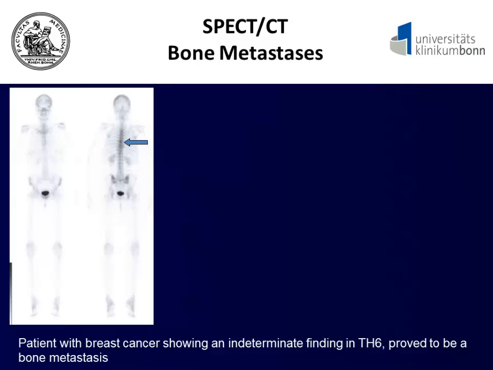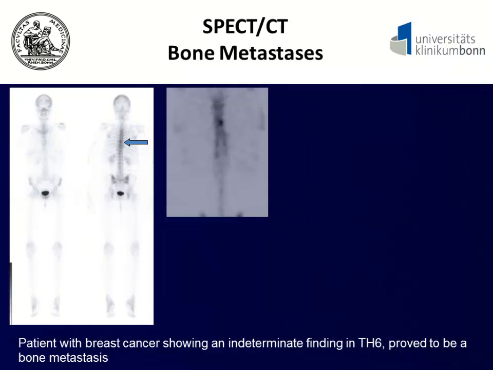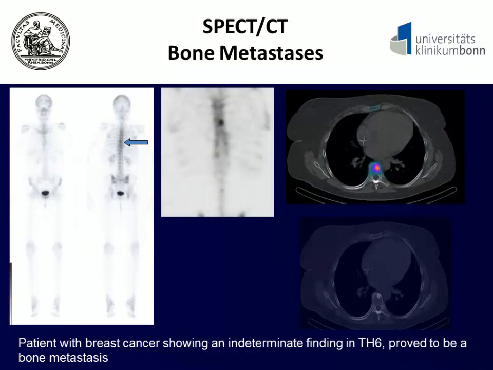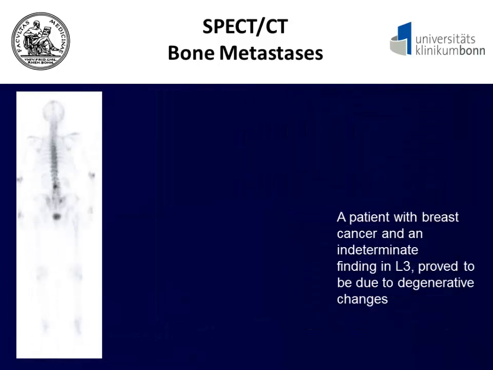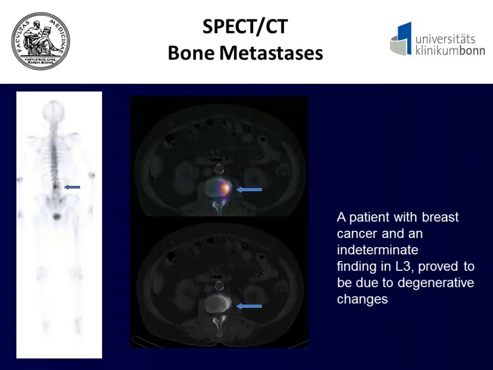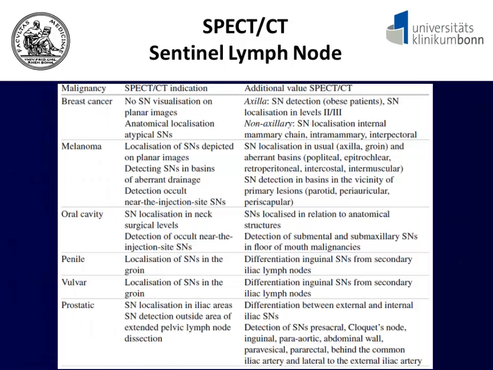Another example, a patient with breast cancer showing an indeterminate finding in T6 proved to be a bone metastasis after SPECT CT. And also another patient with breast cancer, an indeterminate finding in L3, as you see here in this scan, and SPECT CT showed degenerative changes in this area.